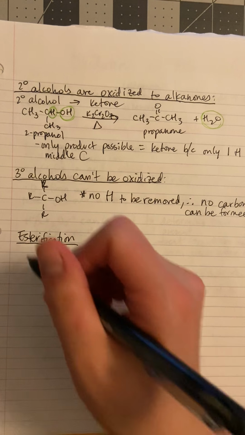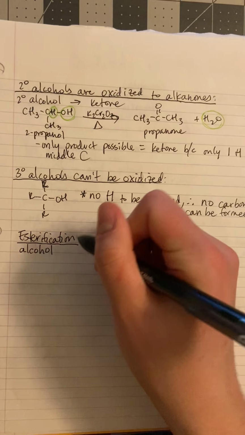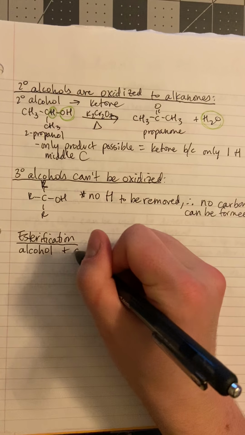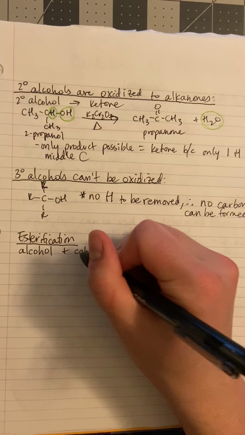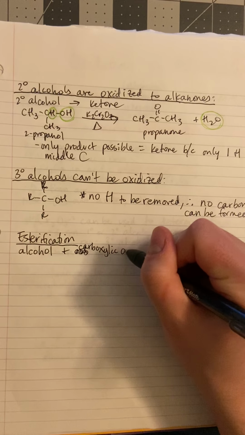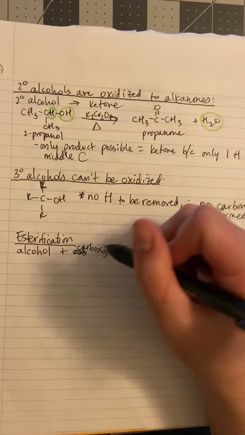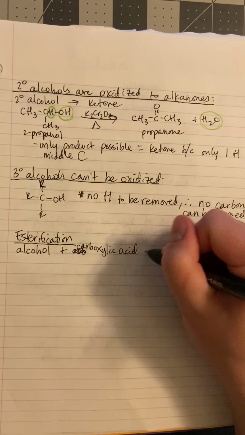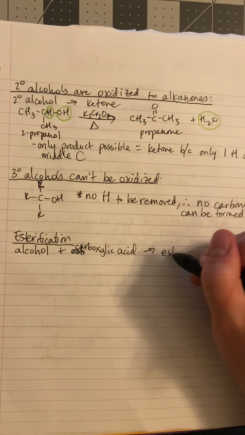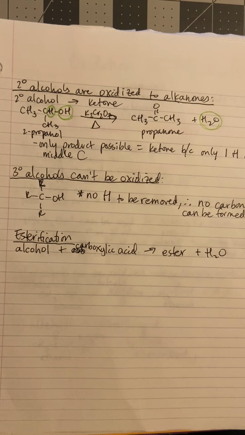The way that that works is you have an alcohol plus a carboxylic acid. Unfortunately, I left all my erasable pens at school, so that makes me sad. So we have an alcohol plus carboxylic acid gives us an ester and water.